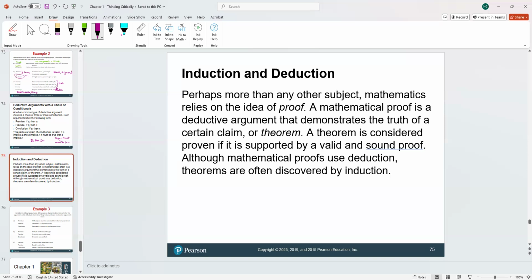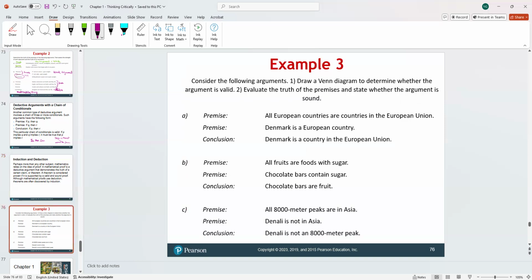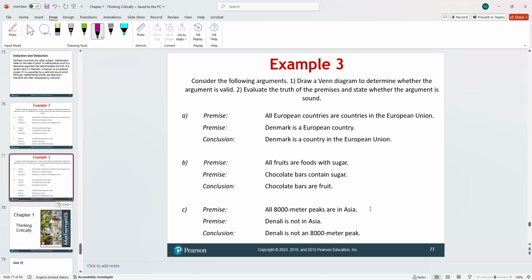Okay, let's see very quickly a few examples again. Consider the following arguments. What they ask us to do for each of these is to draw a Venn diagram to determine whether the argument is valid. If I look at the first one, I'm gonna just copy and paste because I might need to use it again.